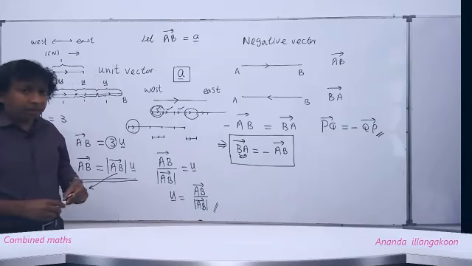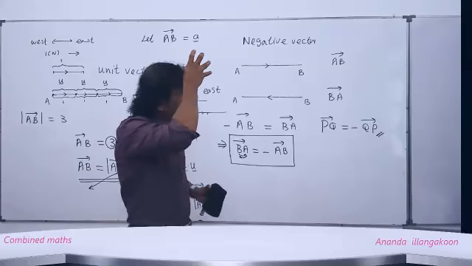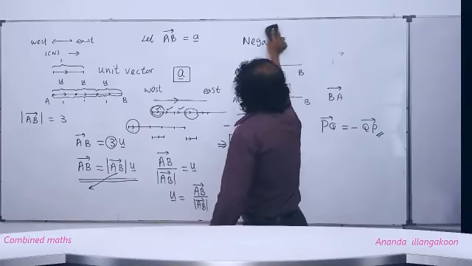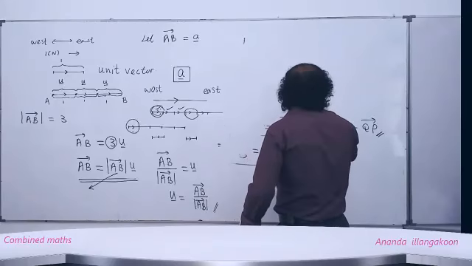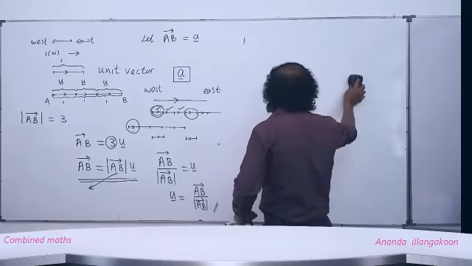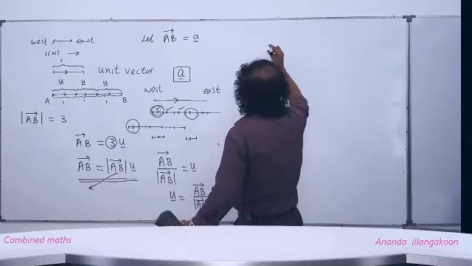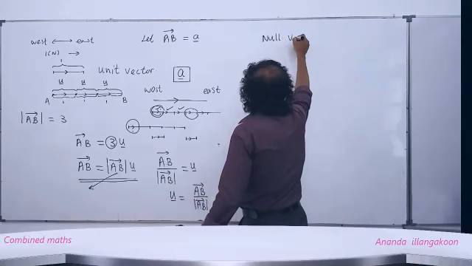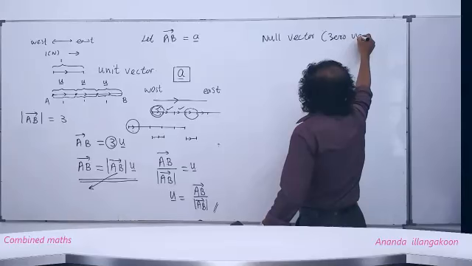People, another type of vector we define is called the null vector or zero vector.